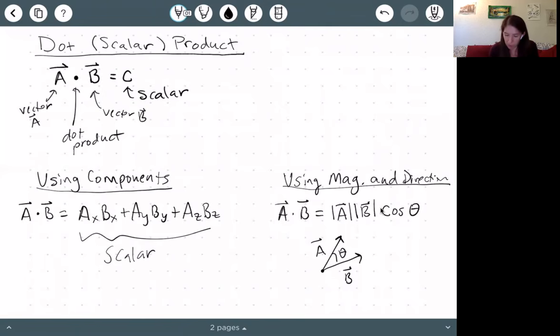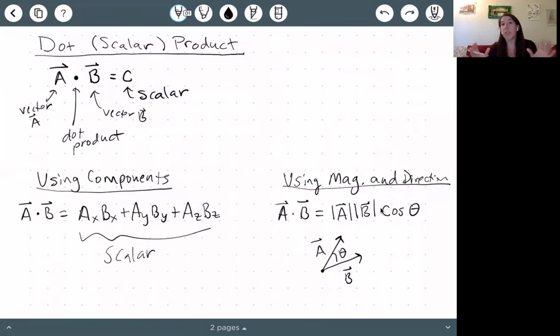All right, and you're always going to want to take the small angle, not the long angle between them going the long way around, right? Theta is the small angle between vectors A and B. And so if you're given the directions of A and B, then you can determine this angle between them. And if you're given their magnitudes, then this will be the more convenient formula to use.